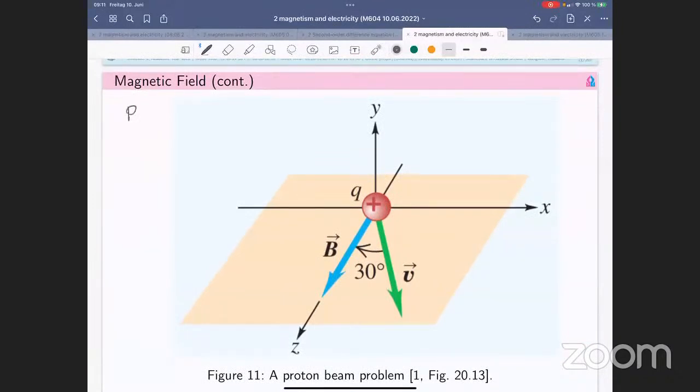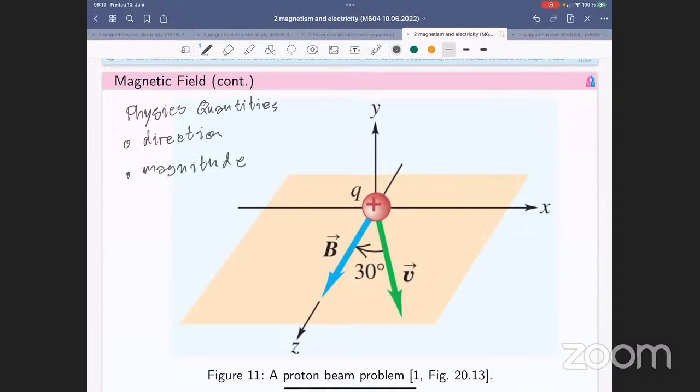In a physics quantity, you have to find first the direction, right? And another one is the magnitude, right?